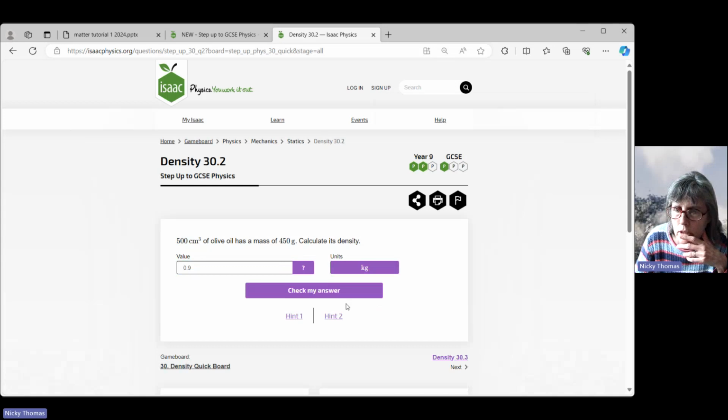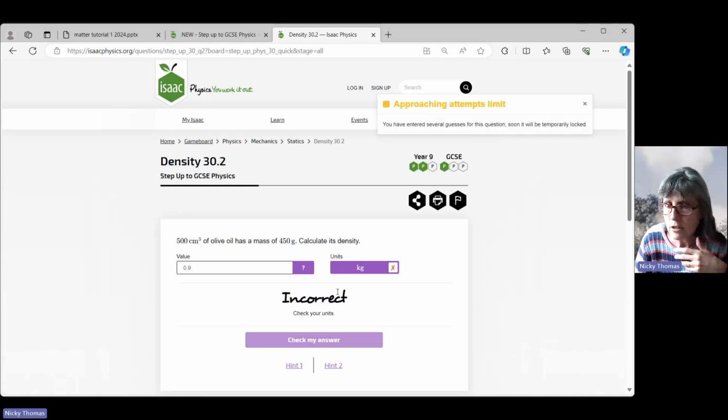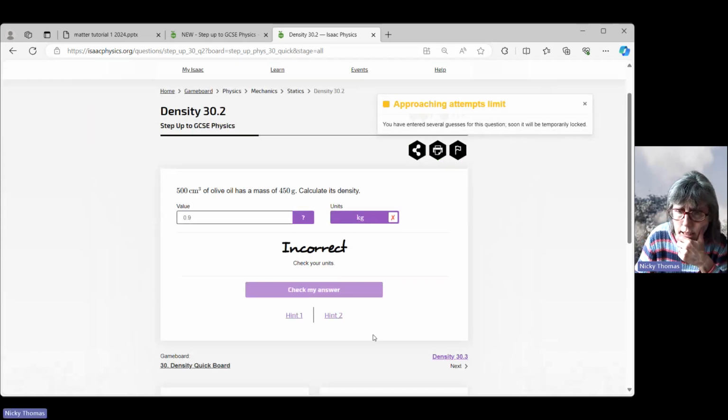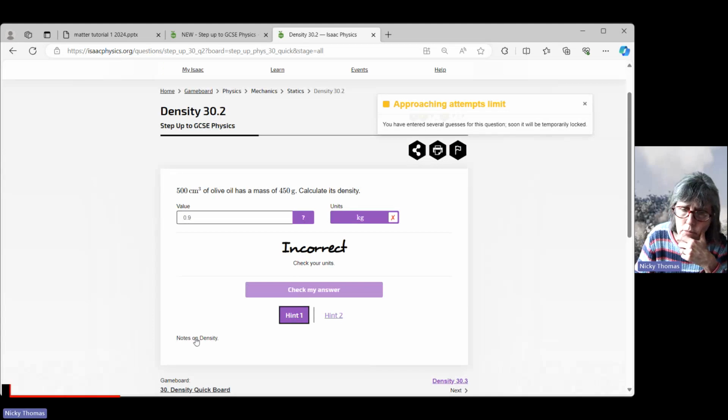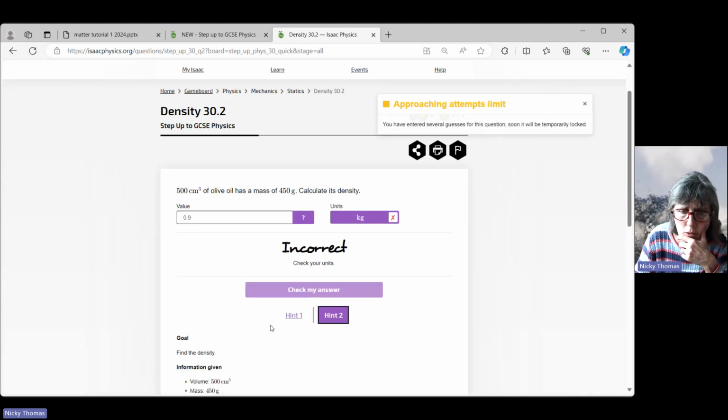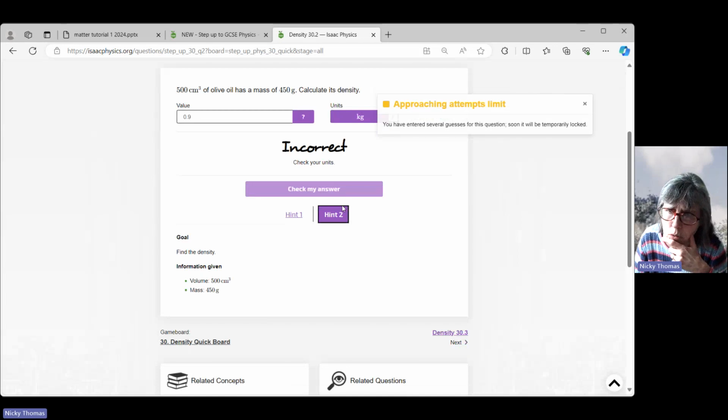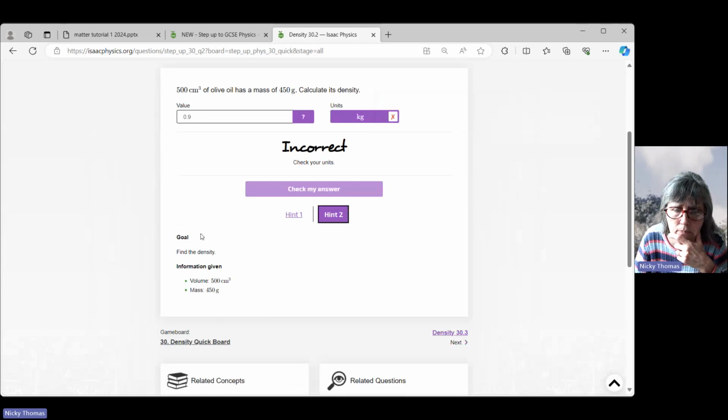And if I put the wrong units in, it tells me to check my units. Underneath we have hints with some notes on density, and hint 2 tells you to find what you're aiming to do and what information you have, just helping our students structure their answers.